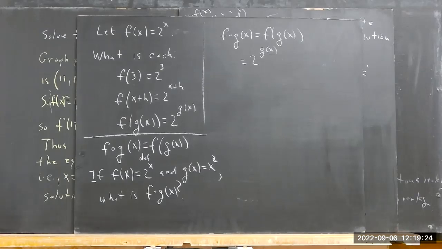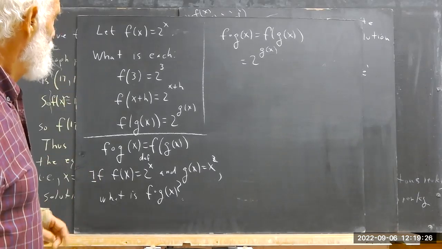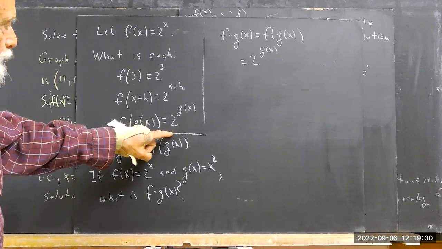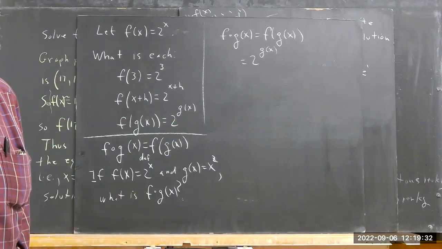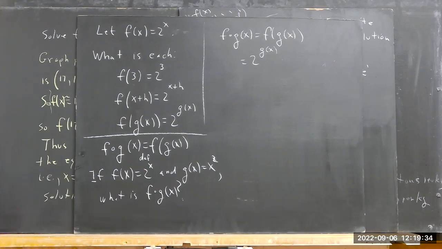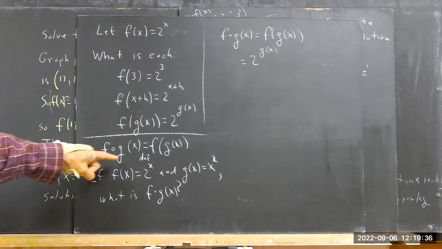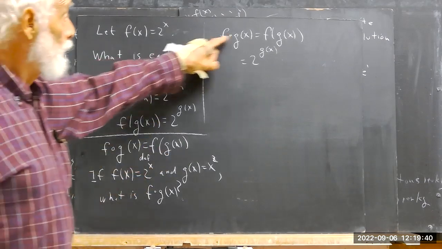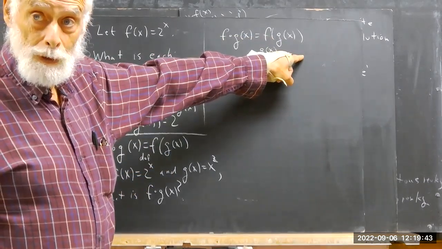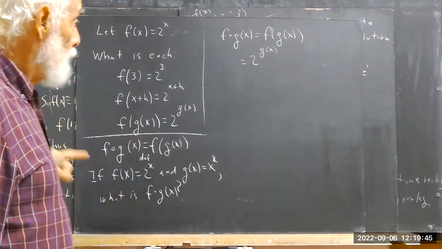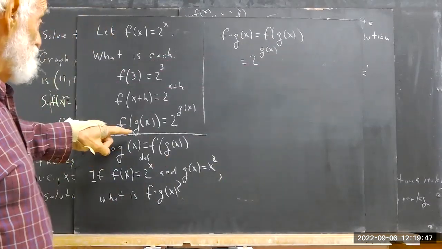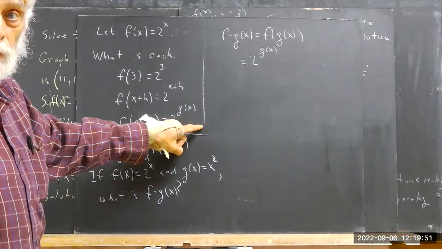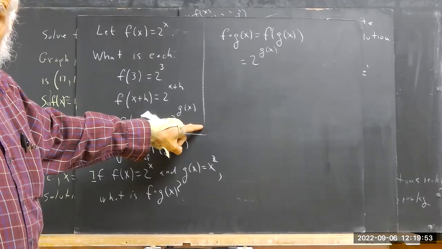Okay, people are having a little bit of trouble with this, but let's go back to what we've done. We've figured out that f of g of x has to be 2 to the g of x, right? So we can start with the definition. f circle g of x is defined to be f of g of x. So this is always true. Most of you didn't have a whole lot of trouble with the idea that f of g of x is 2 to the g of x, right?